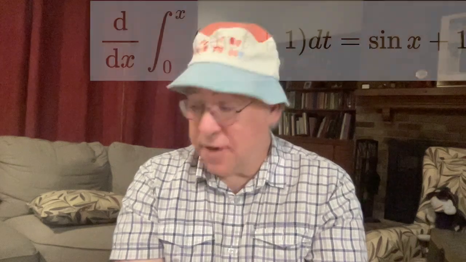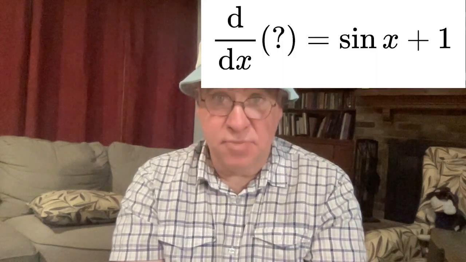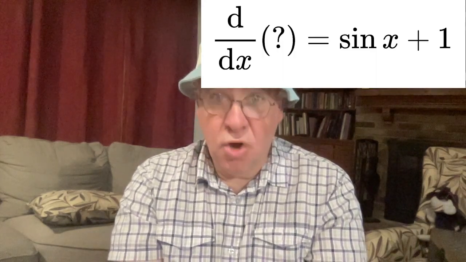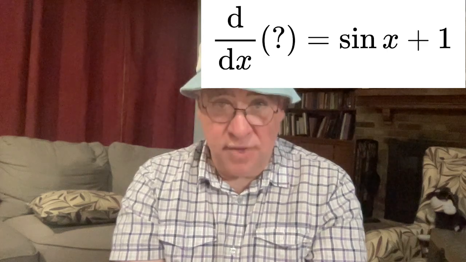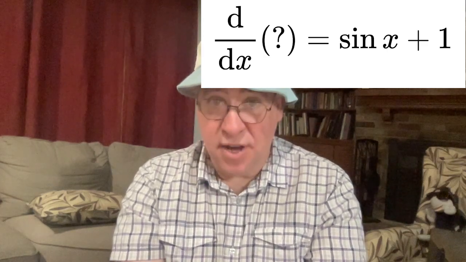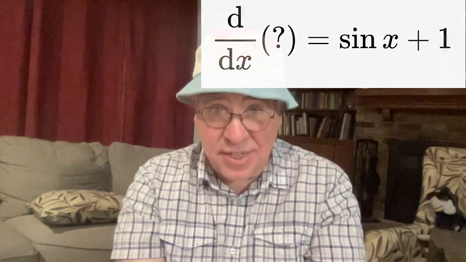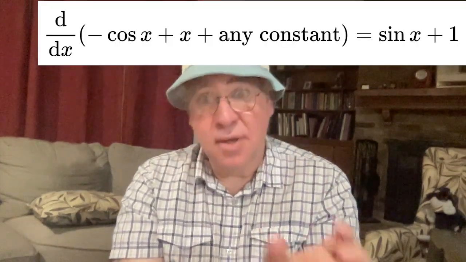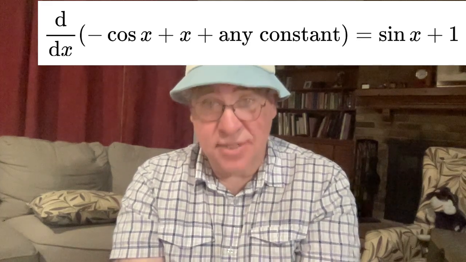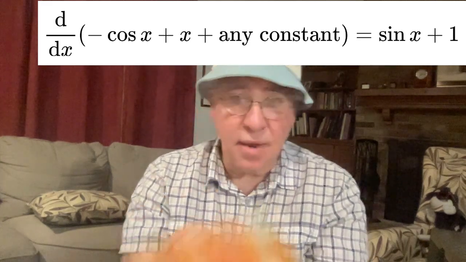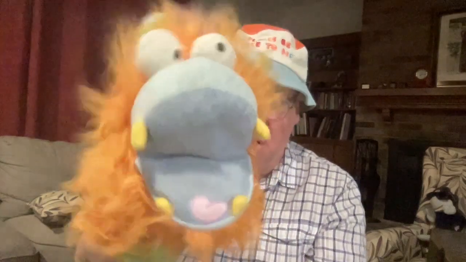So I need to figure out a function whose derivative is sine of x plus 1. Well, I know the derivative of negative cosine of x is positive sine of x. The derivative of x is 1. So I have negative cosine of x plus x plus some constant, because any constant you put in there, the derivative is 0. So that'll work.